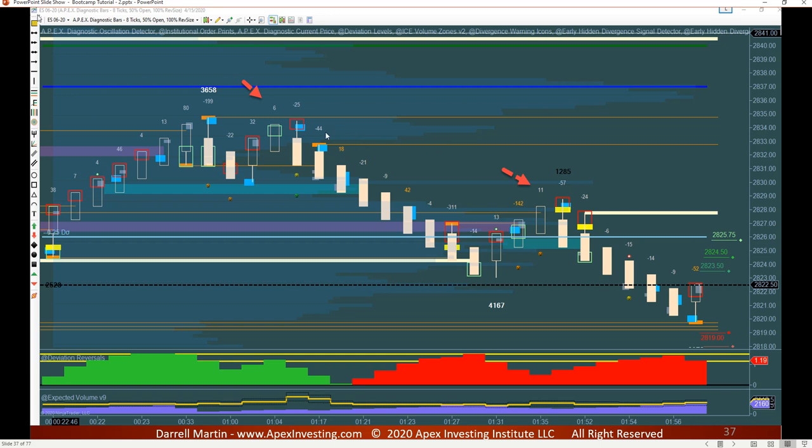As far as the different color on the volume score you're asking about, first of all, you've got positive numbers and you've got negative numbers. When I say that less than 13 is a weak score, I mean less than positive 13 or less than negative 13. Anywhere between 13 and negative 13 is going to be considered weak.